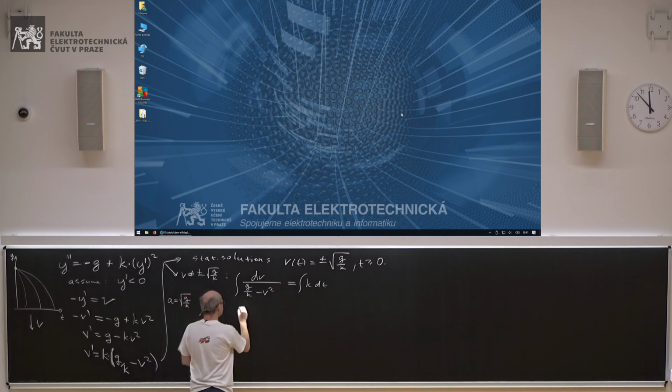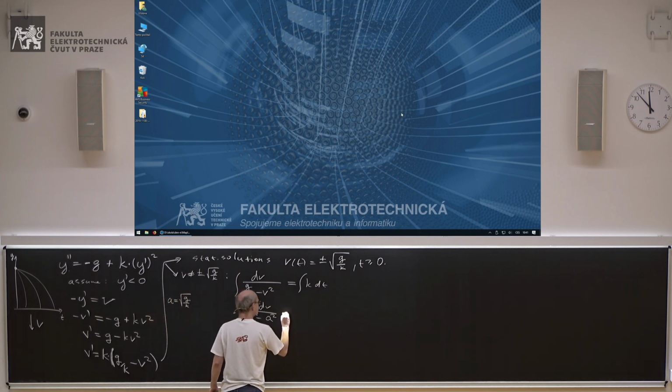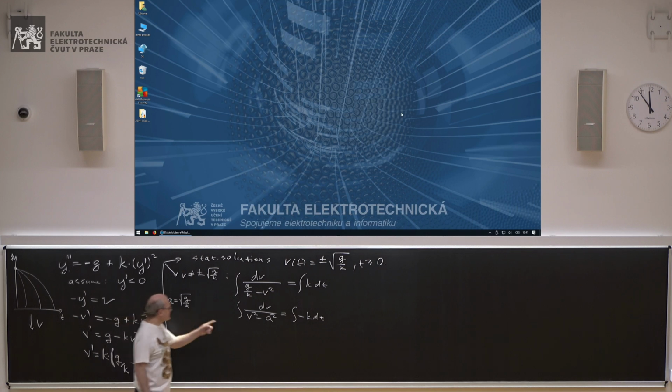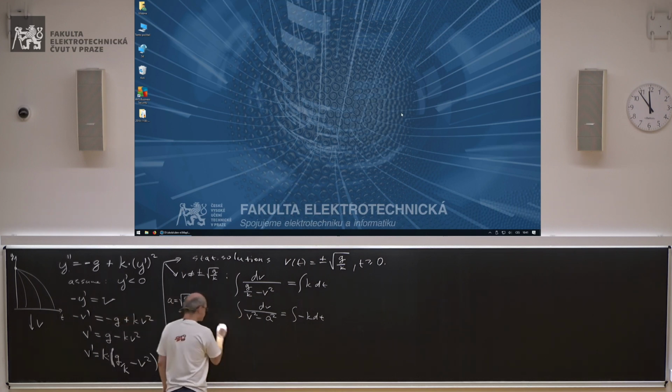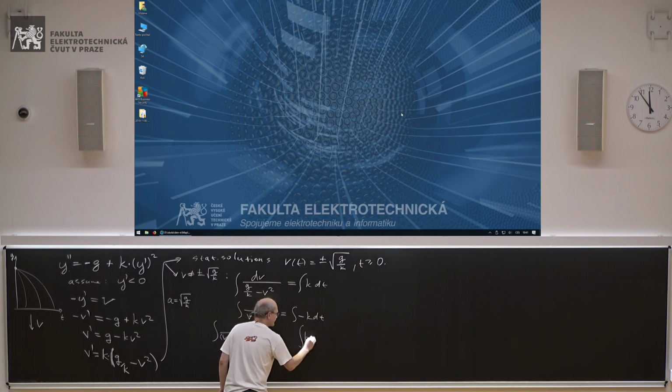So, how will it go? There will be dv, there will be v squared minus a squared on the left, definitely. And then there will be integral minus k dt. That looks fairly nice. Okay, now the partial fractions decomposition. v minus a, v plus a in the denominator, minus integral k dt.